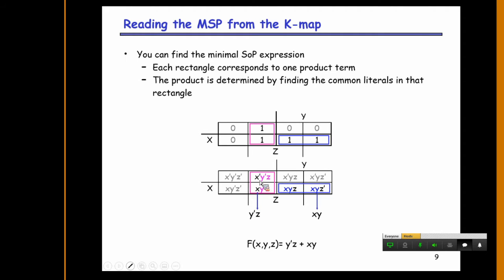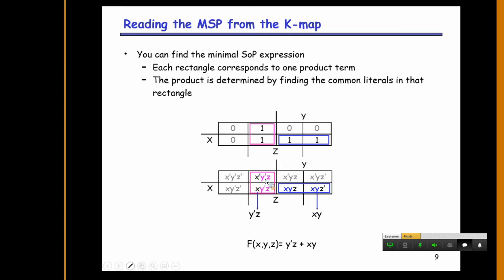In the same manner, M1 and M3. This is minterm M1 and this is minterm M3. Here also we have to check for a one-variable difference; only then are they said to be adjacent. So x bar is common, z is also common in both cells, and the only difference is in y.